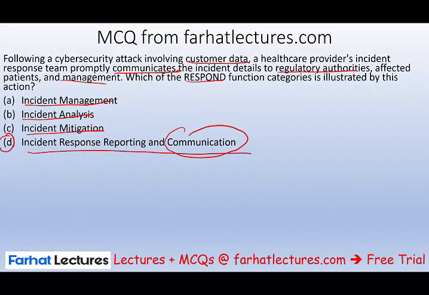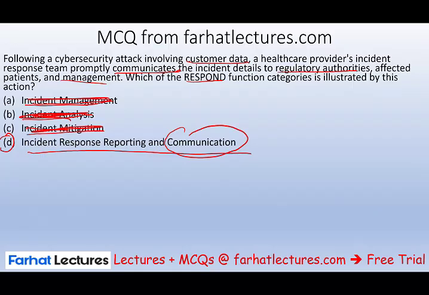This is how you're mitigating the event. It has nothing to do with communication. Incident analysis is studying what happened, focusing on the technical evaluation. What happened? How did they get in? Incident management basically involves the procedures that the organization undertakes, and how they plan to manage the incident. So it has nothing to do with communication with the stakeholders.